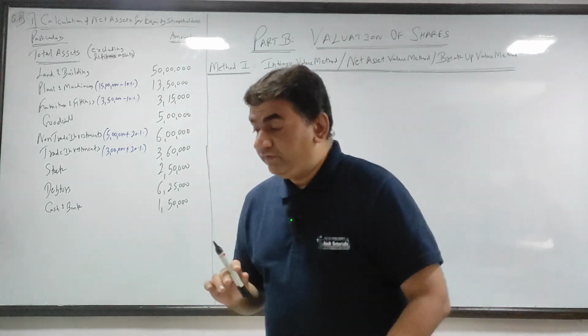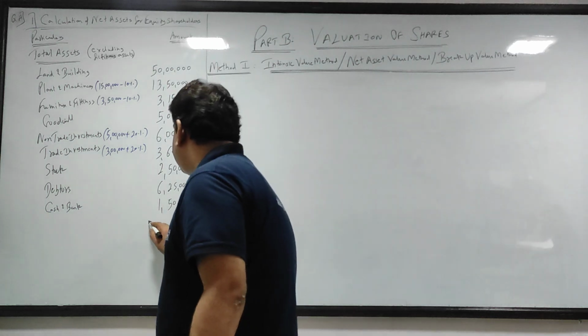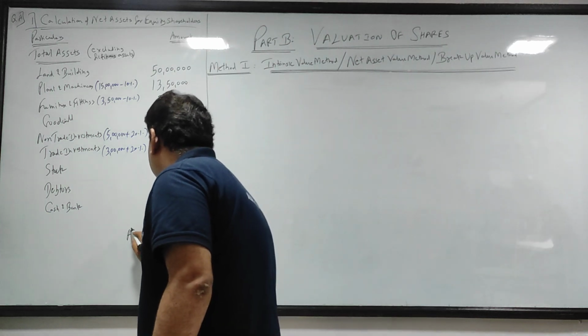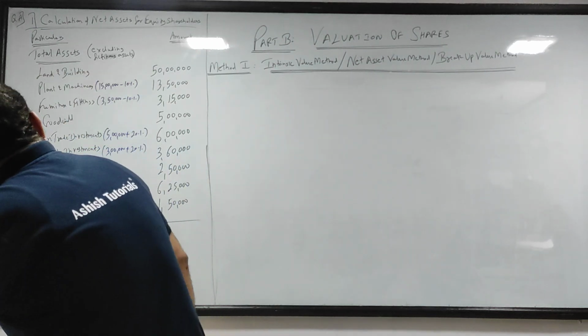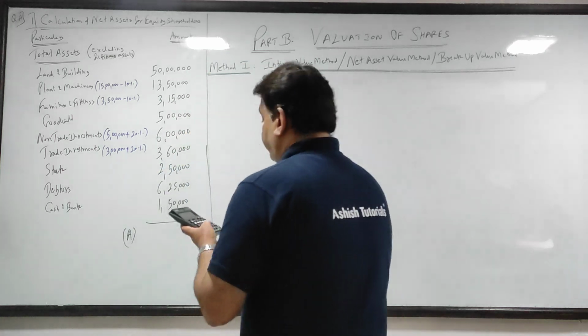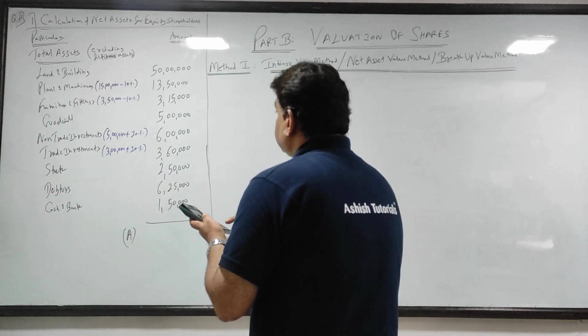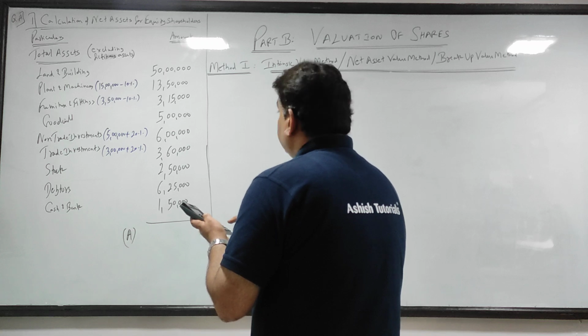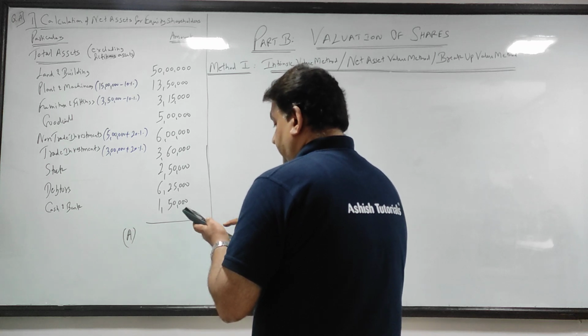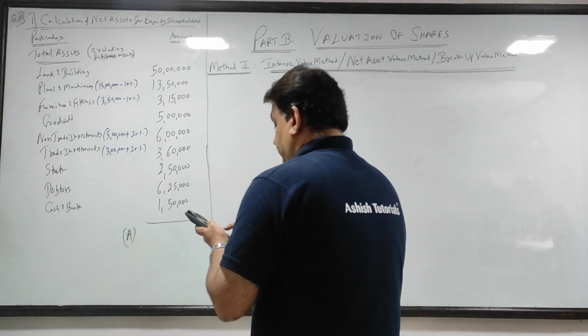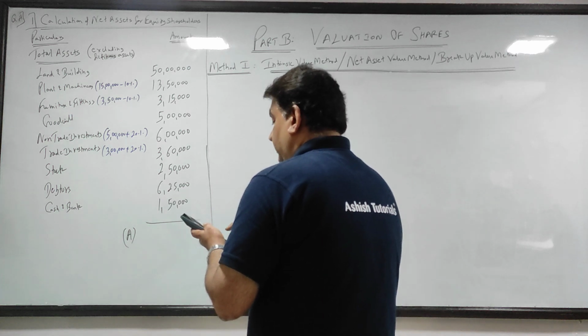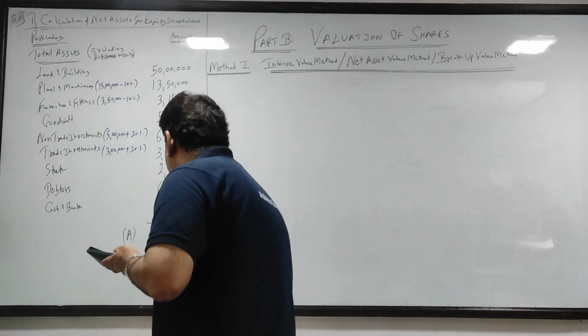No. Now before we take the liability side, let's take the total of all the assets. Okay, what we have written here, 50 lakh plus 13,50,000 plus 3,50,000, 5 lakh, 6 lakh, 3,60,000, 6,25,000, 1,50,000.